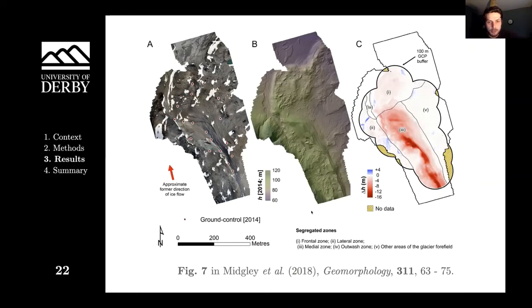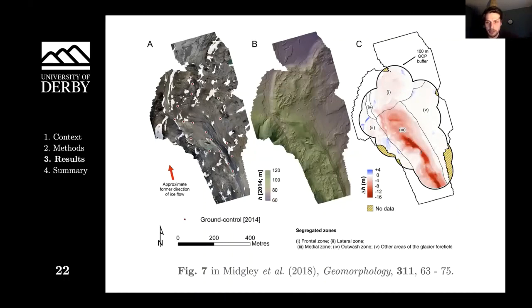We then compared this with LiDAR data derived from the NERC ARSF to allow us to understand changes over the decade. And these allow us to derive this digital elevation model of difference that you can see here. And we have buffered and removed data in excess of 100 meters from GCPs to avoid any spurious results.